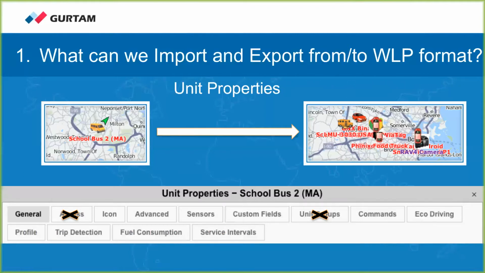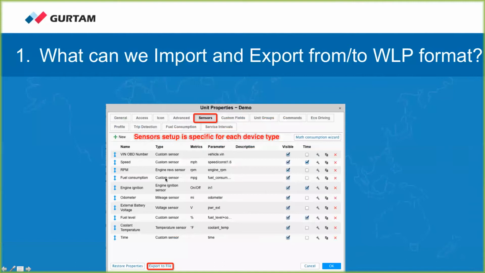Okay, so we were talking about unit properties. Now, next slide. Again, I want to demonstrate the unit properties of one of our demo units, and pay your attention to the sensors tab. This is most likely the most popular property that is being exported and then imported from one unit to multiple others.